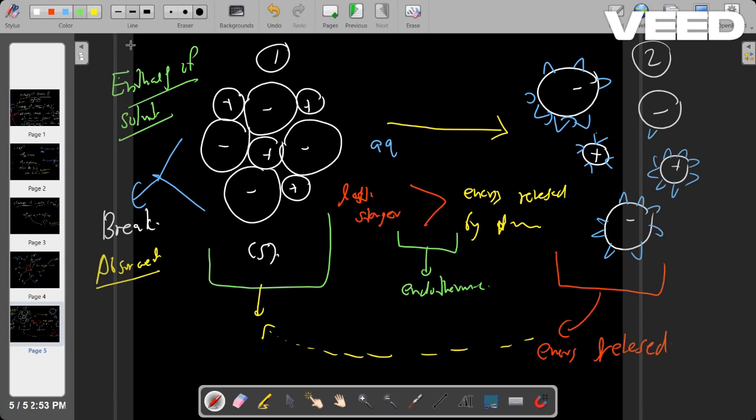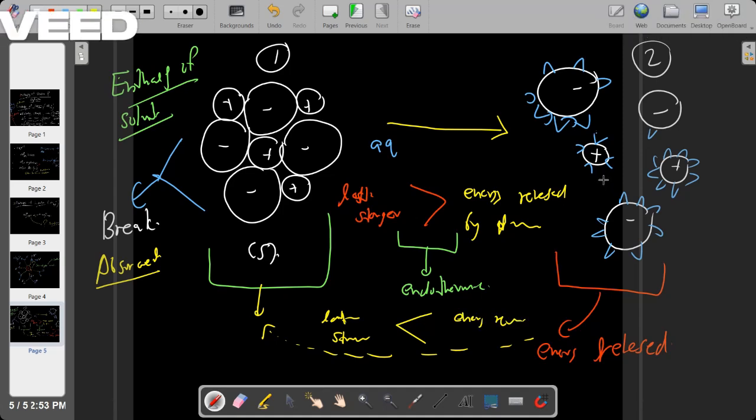If it is the other way around, if the lattice is less strong, very good. If the lattice strength is less than the energy released here, then in that case there's excess energy. Then it is exothermic.